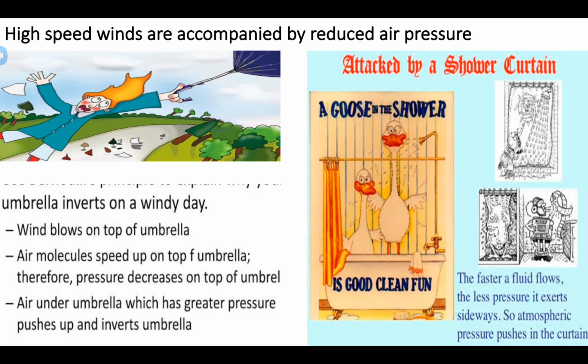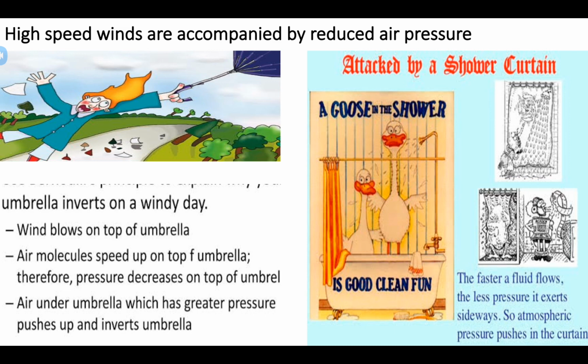Then come to here, one more observation we can observe in our daily life, one more application. Especially the curtains in shower rooms, that means in our washing area, generally they blow inside. What is the reason for that? When the water comes from the shower, it comes with high speed. Along with that we can see some high speed wind also.